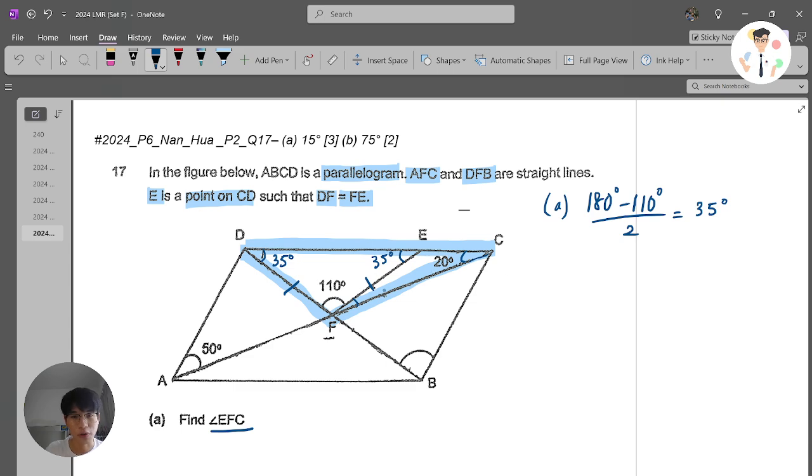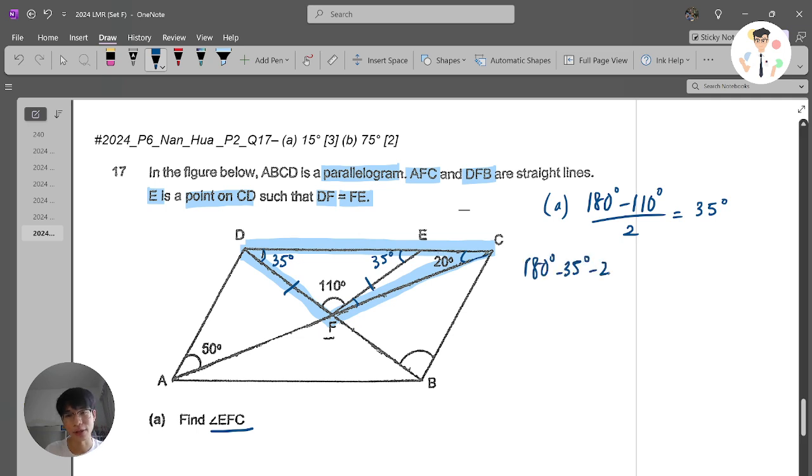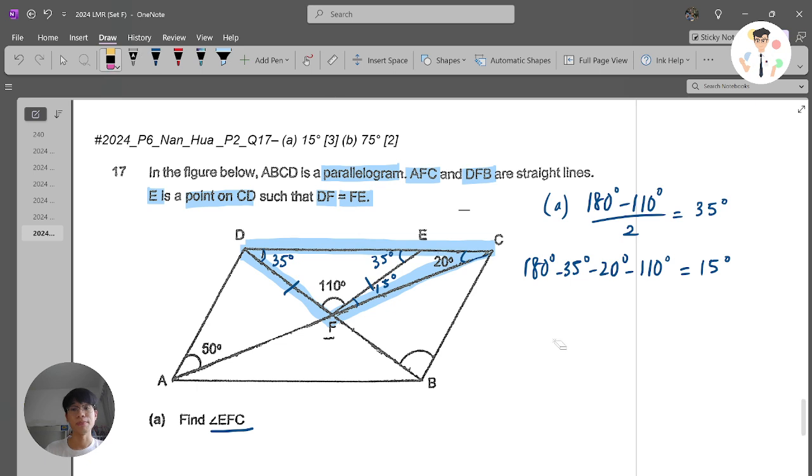So in order to look for this angle, I'll just use 180 minus 35 minus 20 minus 110. And that gives me the angle here is 15 degrees. Okay, simple. That's all.